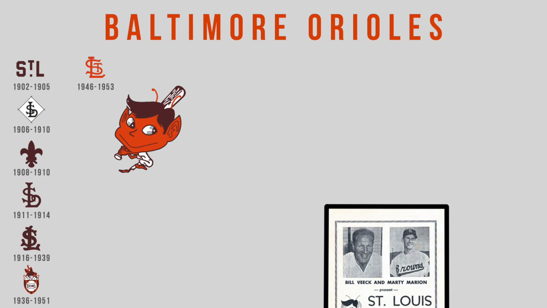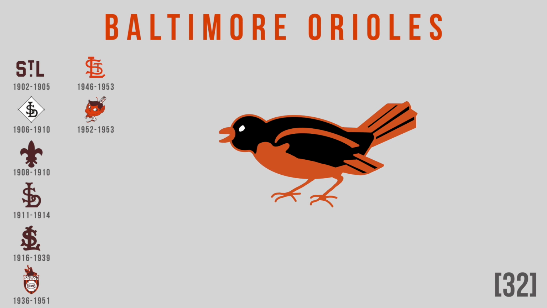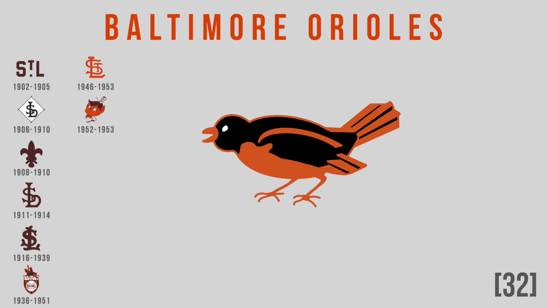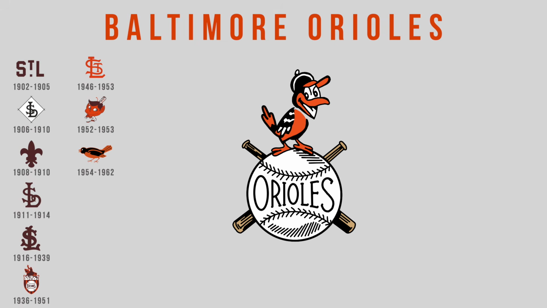Now, upon moving to Baltimore and being named the Orioles, their first logo is called the leadoff bird on the Orioles team website. It depicts a bird, specifically an oriole, cawing menacingly. Also debuting in 1954 is what the team calls the Herzl bird. This one was used in publications such as game programs.